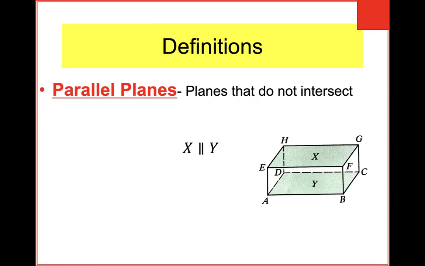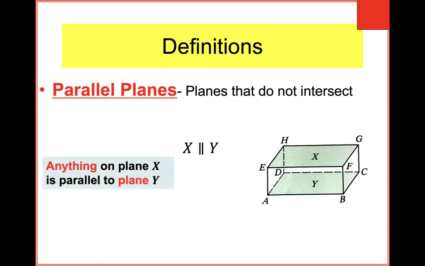So we could say plane X is parallel to plane Y. Remember, the names of a plane can be the corners. Now remember, planes don't have corners, they go on forever, but we represent them with parallelograms. So I could say plane EHG is parallel to plane ADC if I wanted to.